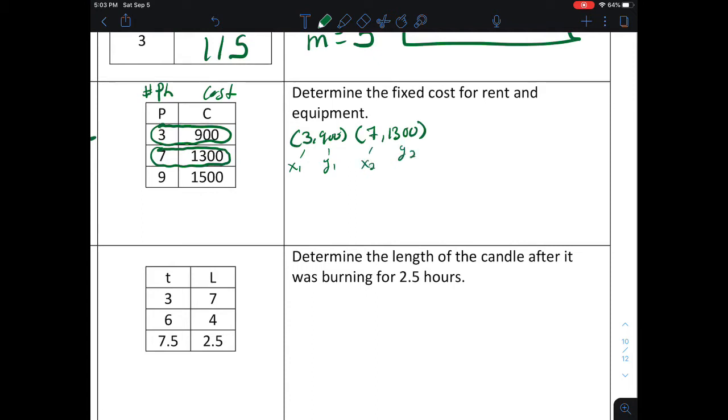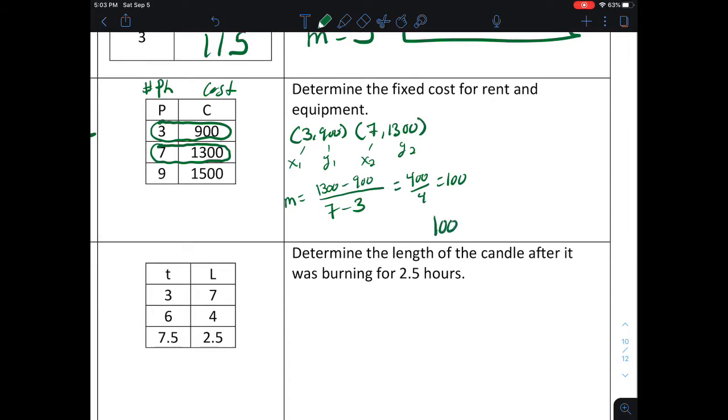And so the slope here is going to be 1300 (y2) minus 900 (y1), over x2 minus x1, 7 minus 3, which is going to give me 400 divided by 4, which equals 100. So it costs us $100 per phone to make.